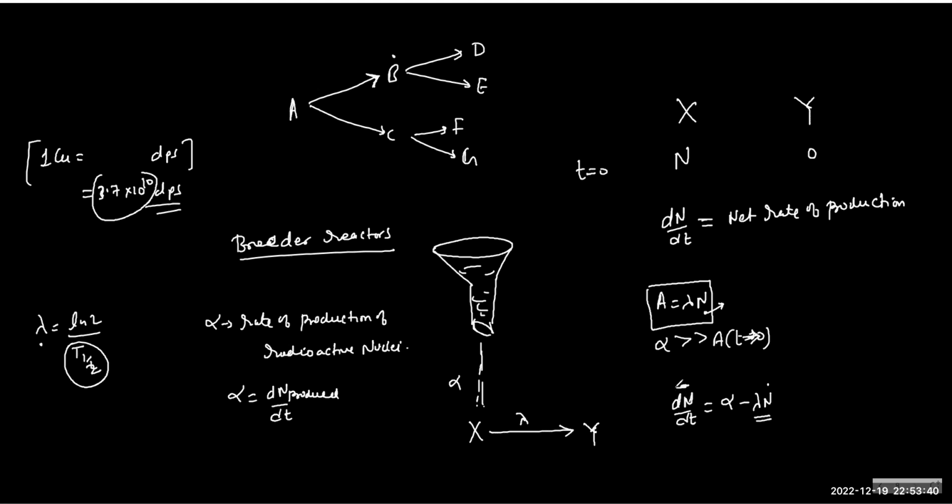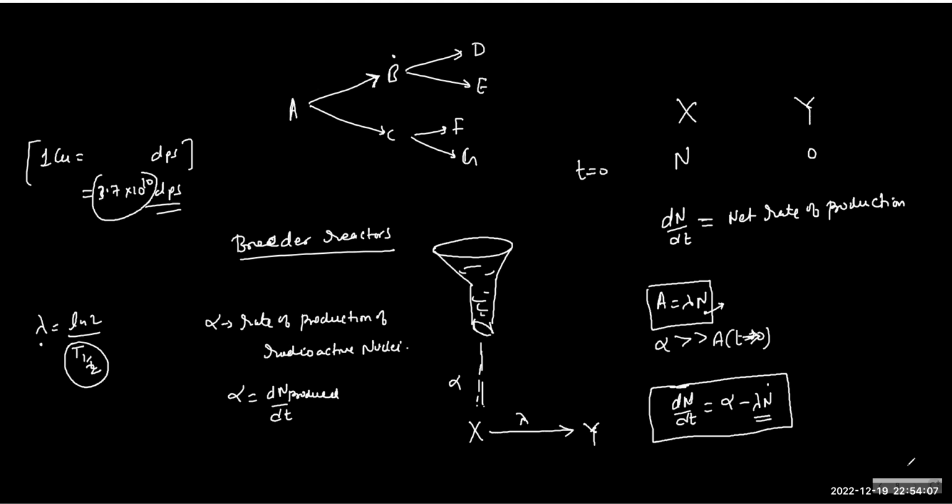So at radioactive equilibrium, what happens? The rate of production and the decay rate both become equal. So what is the maximum count we can get in this reactor? At equilibrium, the dN by dt becomes 0, because the rate of production and rate of decay both are matching now.